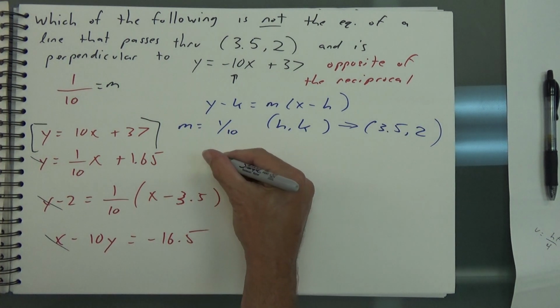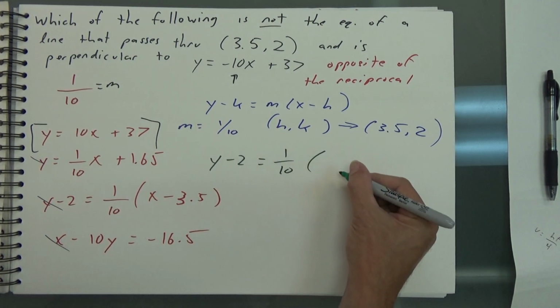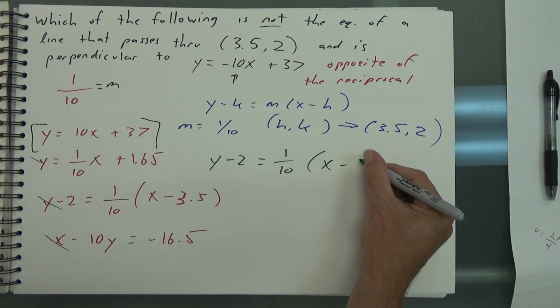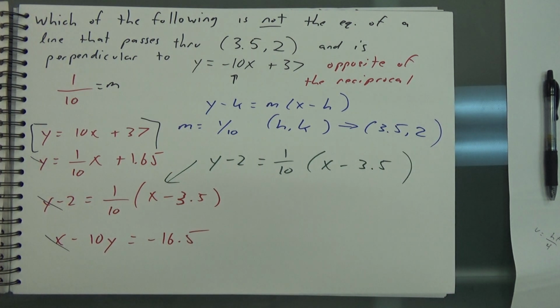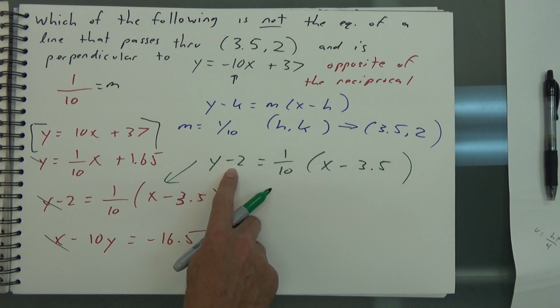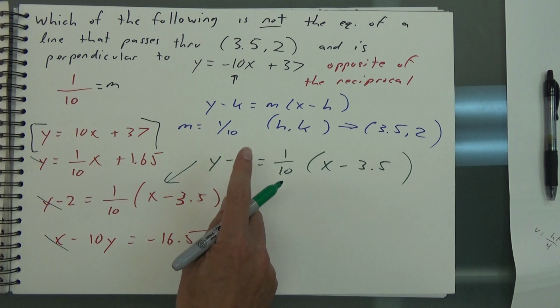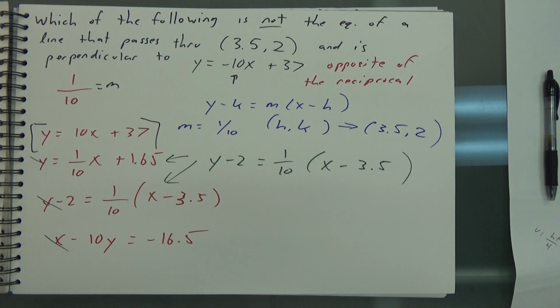So y minus 2 is equal to 1/10 times x minus 3.5, right, which is this one. So that is our line. Then if I distribute my 1/10 and then add 2, I'll get this one, and then this is standard form, right?